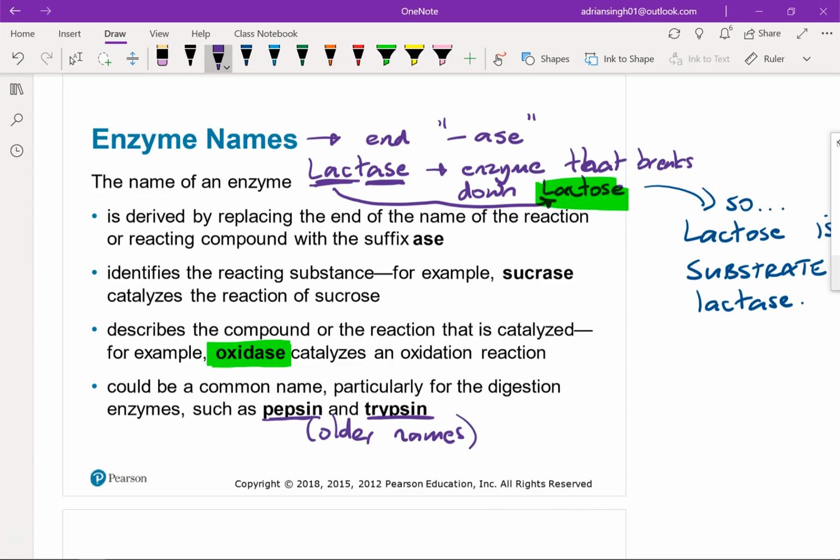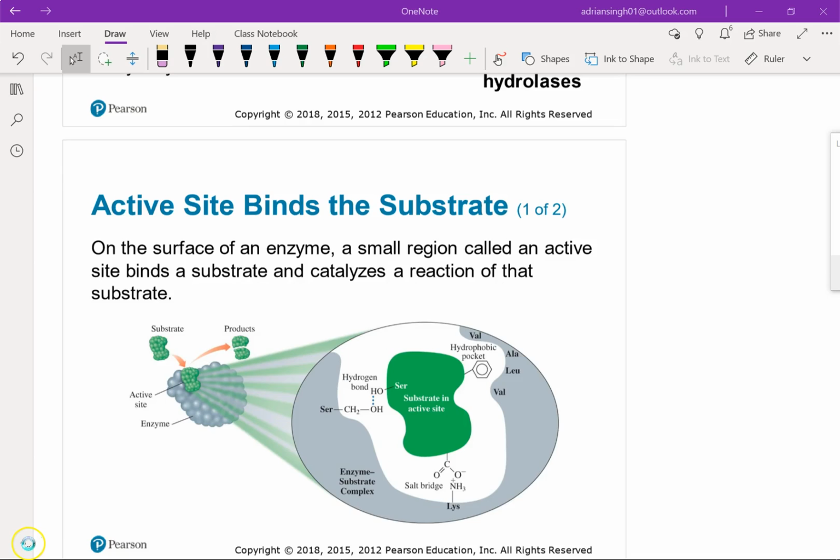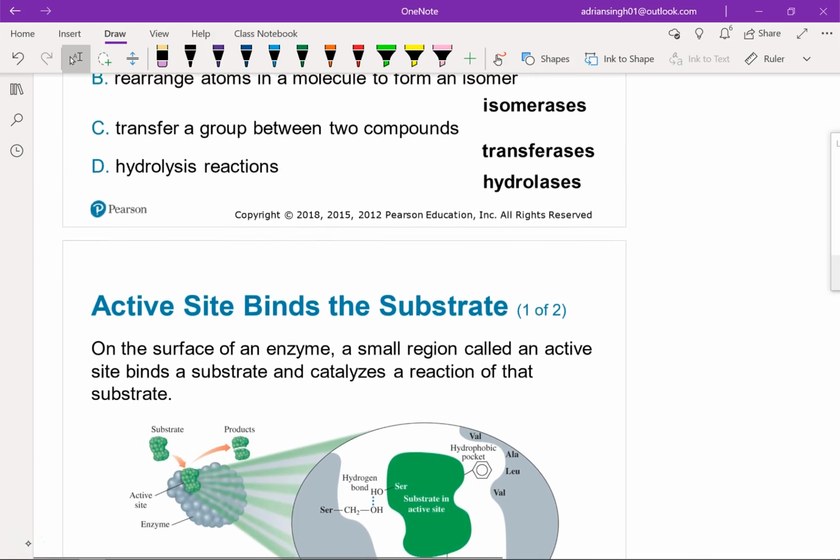All right, but generally your enzymes are going to have that ase ending, and the first part of the name tells you either the type of a reaction that it does, or the substrate that the enzyme is working on.